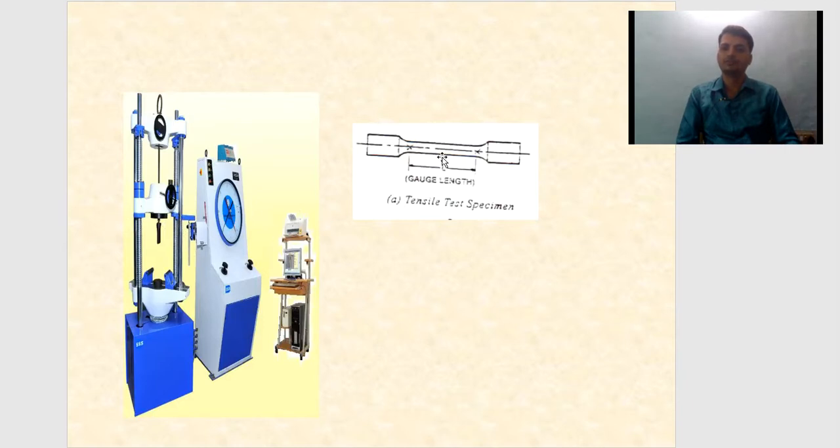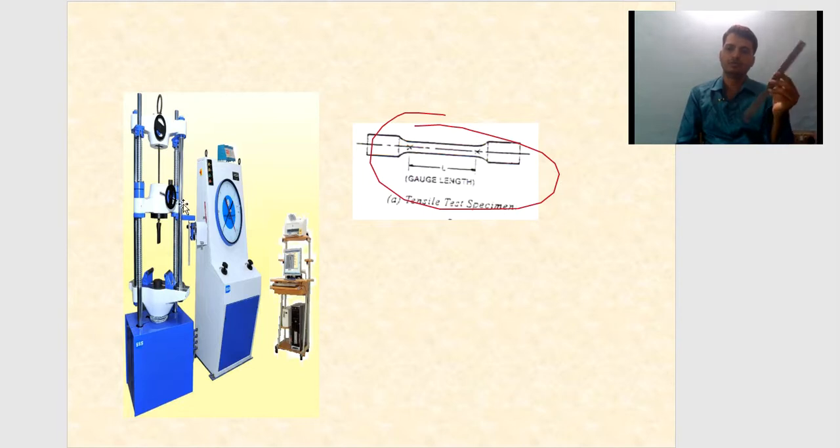In that machine, we place a specimen, like a rod. What we do is place this rod in these two jaws, jaw 1 and jaw 2.